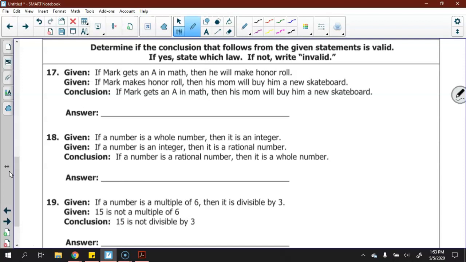Replace skateboard with car or new iPhone, whatever you want. So the conclusion would be, if Mark gets an A, then he gets a new skateboard. What you're looking for is an area where this stuff gets crossed out. Something of overlap disappears. So that's what's going to make it law of syllogism.